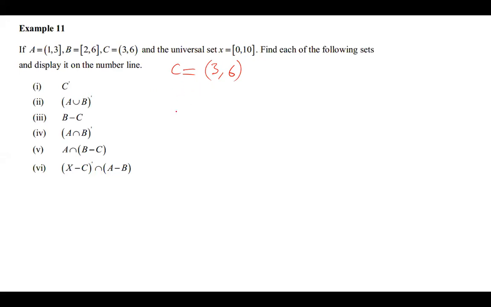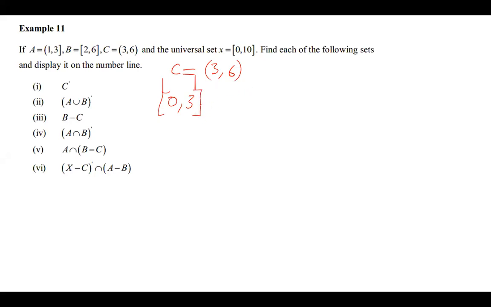So we're talking about numbers starting from 0, of course 0 will be closed there, up to 3. Is 3 part of set C? No, it's not part of set C because it's open. We have an open bracket there, meaning it's not part of set C, so it's going to be part of its complement. So we close it in the complement there.